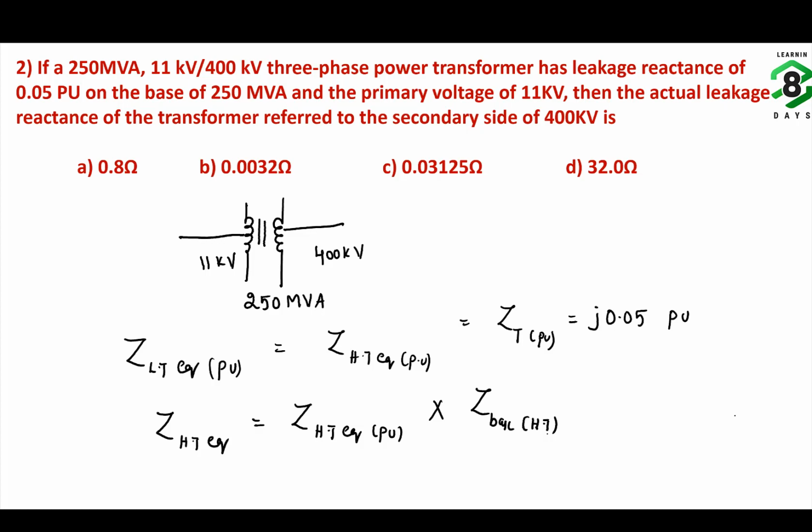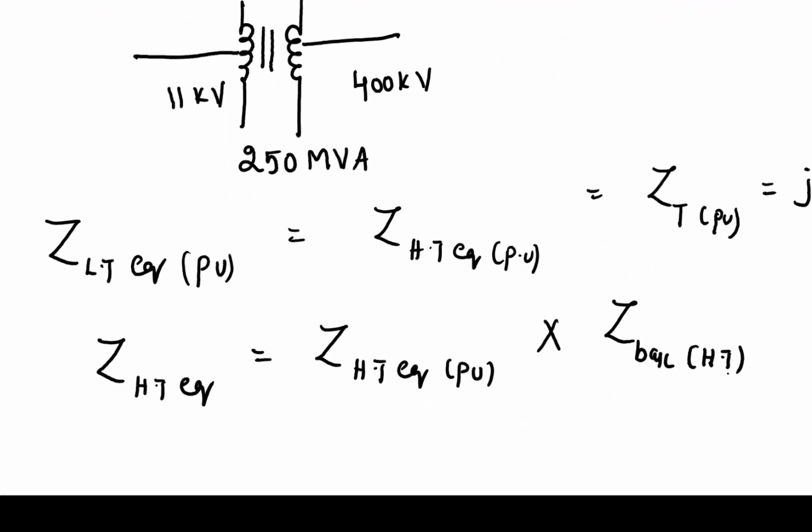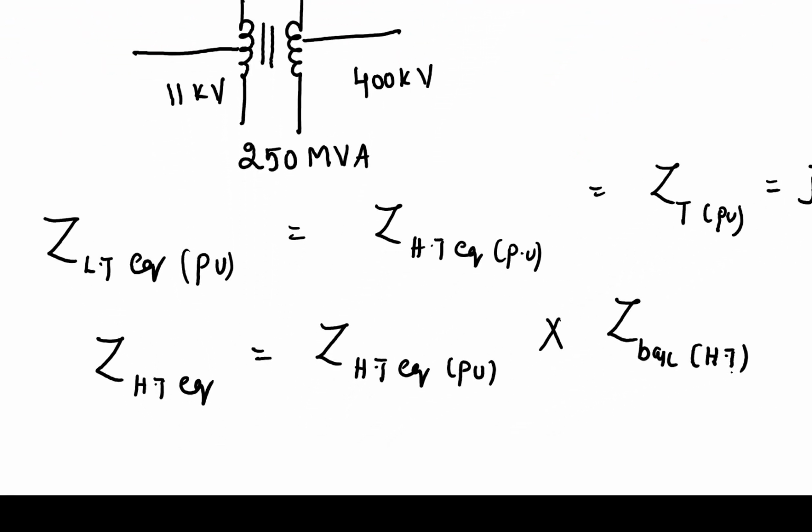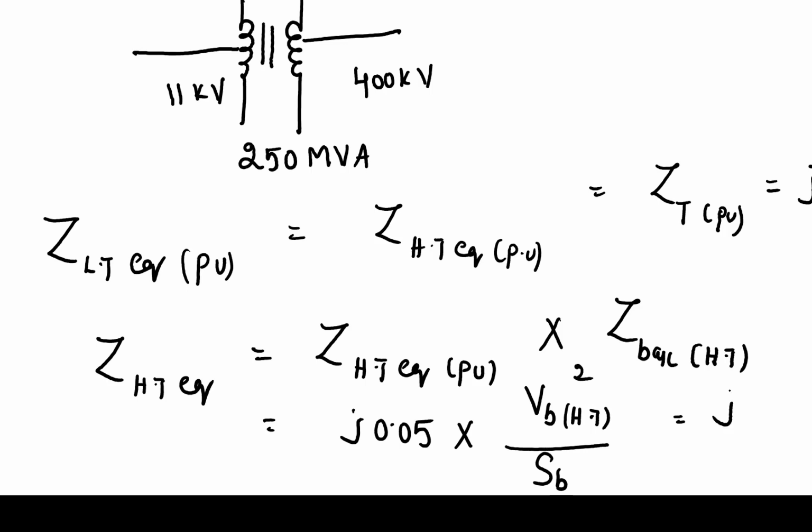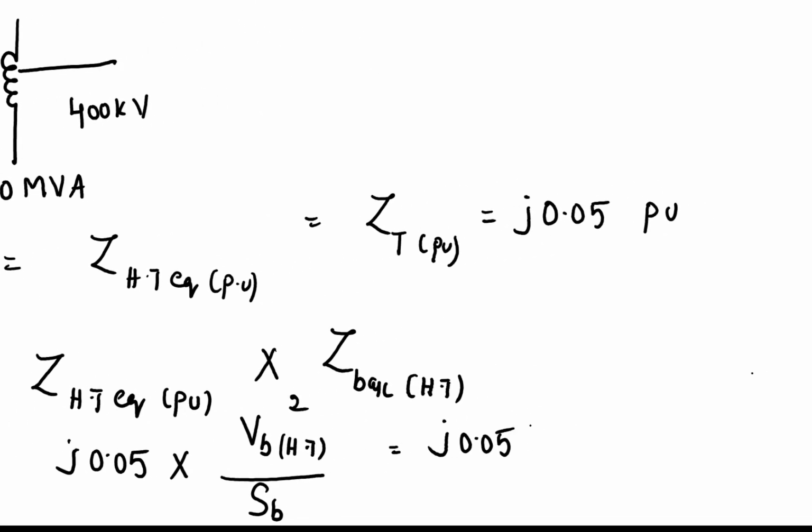Understand? So actual value is equal to per unit value into base value. So what is the per unit value? j0.05 per unit, and to calculate the base impedance on HV side, what is the formula for base impedance? V base, the HT side base voltage, squared, divided by S base. Okay, so this value will become j0.05.